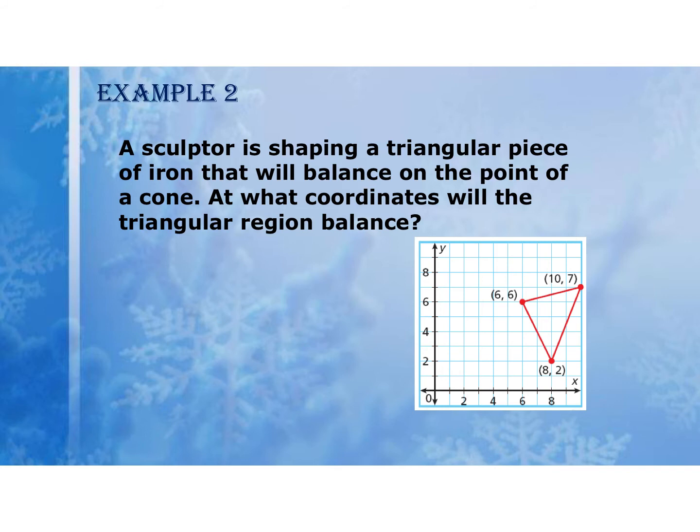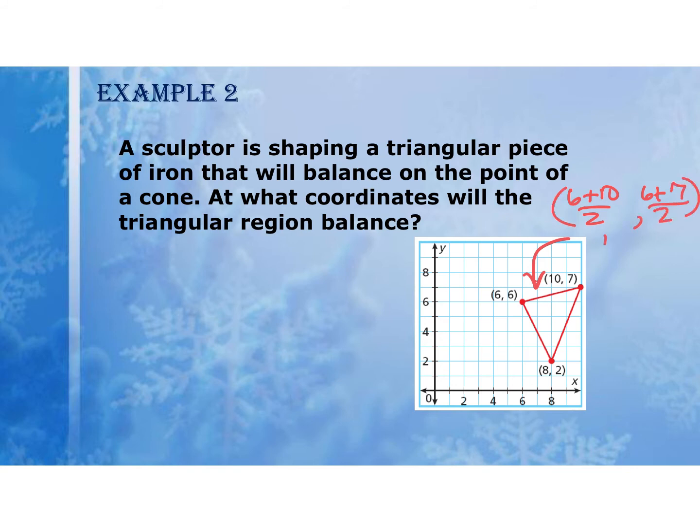So what I need to do is calculate 3 different midpoints. The first thing I'm going to do is find the midpoint of this side here. I'm going to add my x's, x1 plus x2, divide by 2, y1 plus y2, divide by 2.